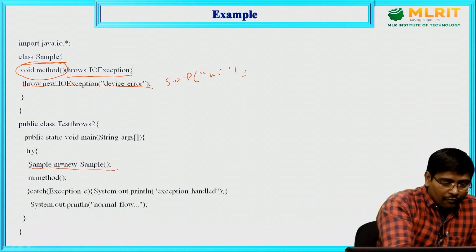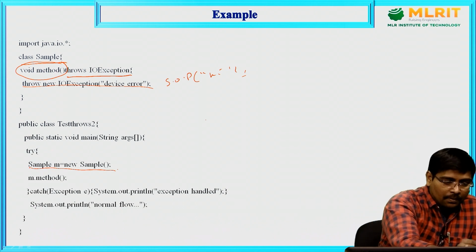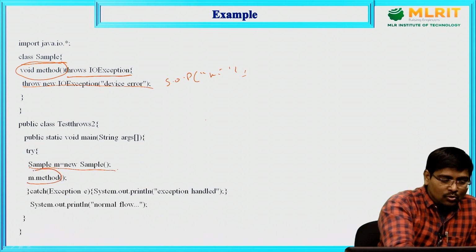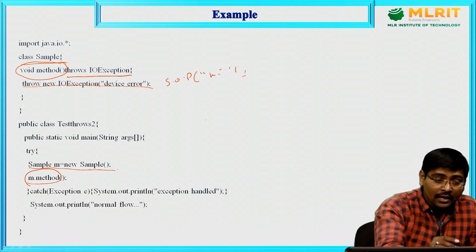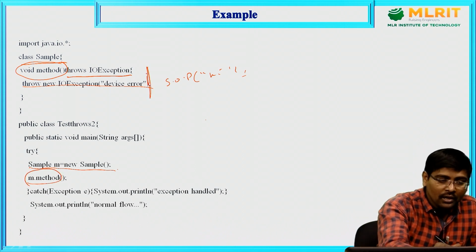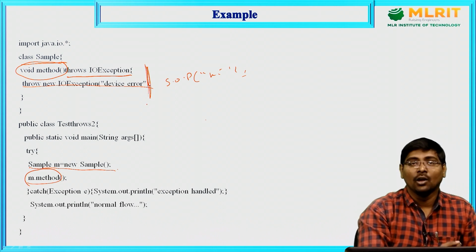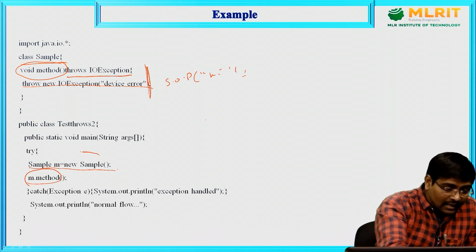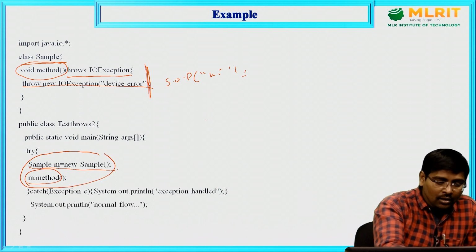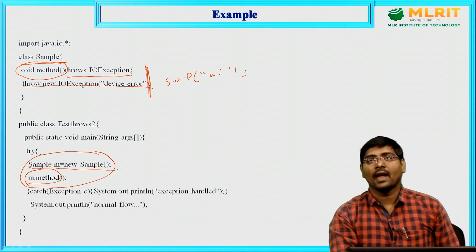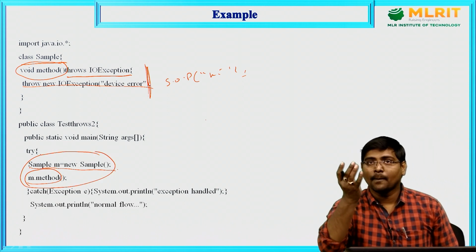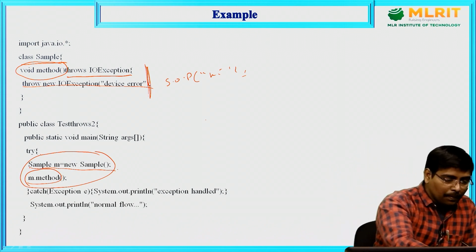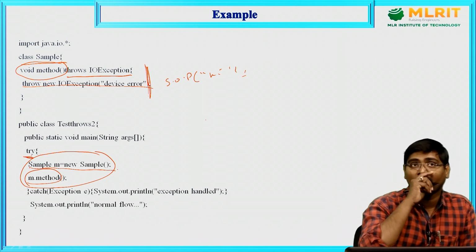Now, whenever I call this method, observe that you are not doing any exception handling inside it. At the time of calling only, you handle the exception. That is, the method call is placed inside the try block.